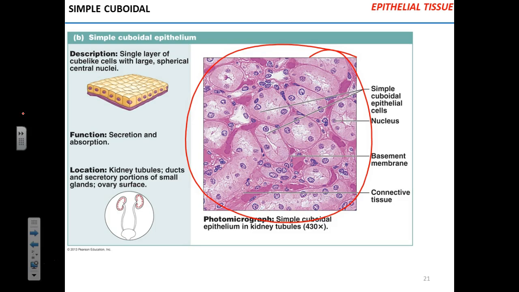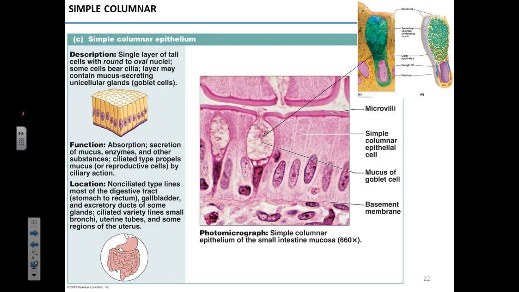Okay. And here we come to Cody's question about the digestive system. In the digestive system, you're going to find simple columnar epithelium. You can see that the cells of simple columnar epithelium are extended. So the epithelium is rather thick. You see that on that micrograph? It's rather thick.